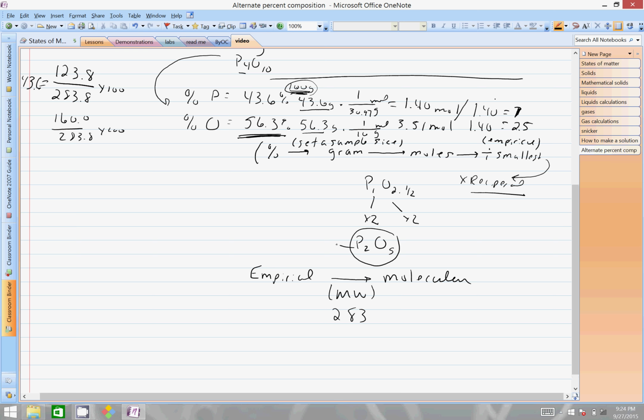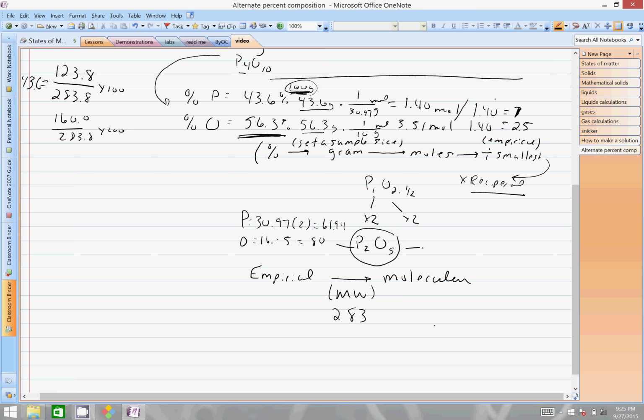This thing has an empirical weight, and if you add everything up, phosphorus is 30.97 times 2, which is 61.94. The oxygen is going to be 16 times 5, which gives me 80. And then 80 plus the 61.94 is 141.